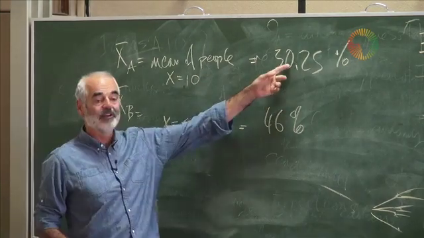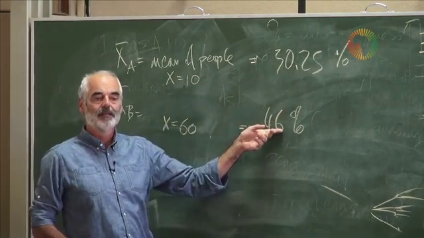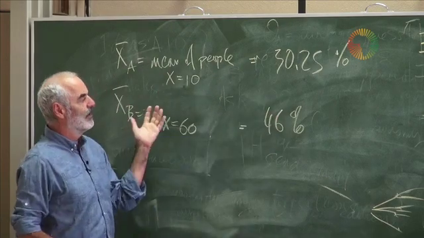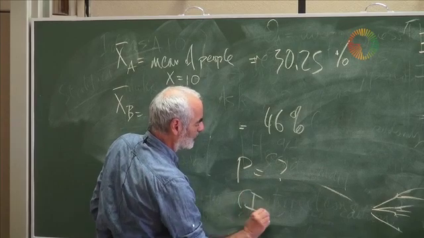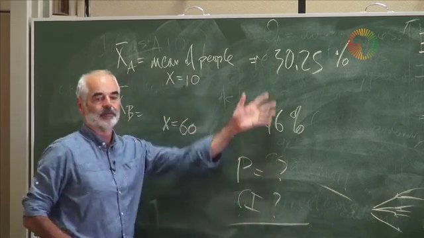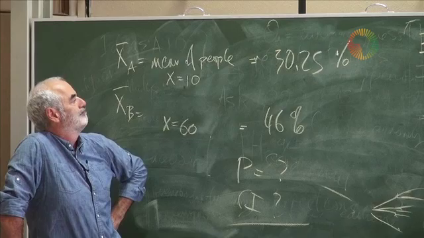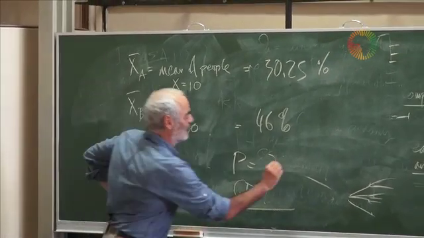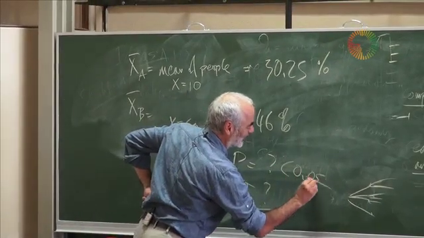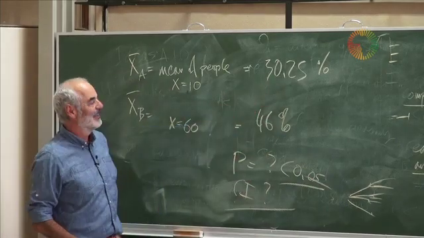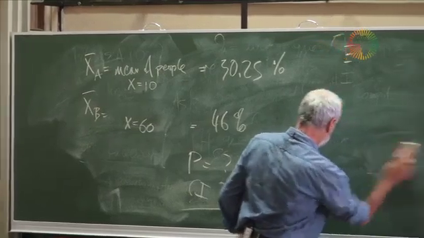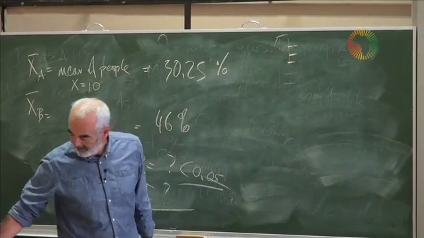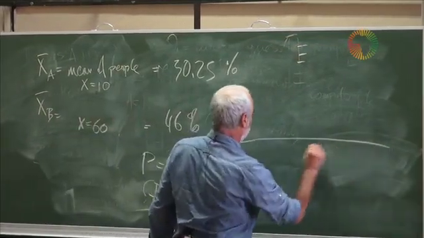Now, we haven't tested if these are significantly different or not. So the means are different, but what's the confidence interval for the difference? We don't know. I guess P is less than 0.05, but I don't know. We'll look at the data tomorrow. You've got two groups of data.